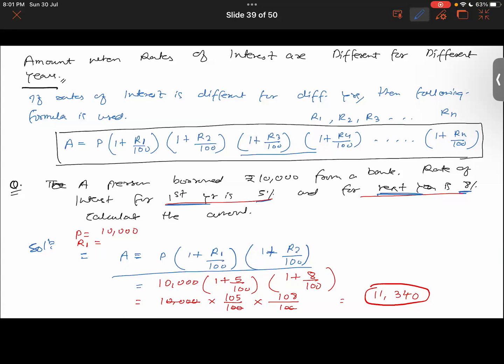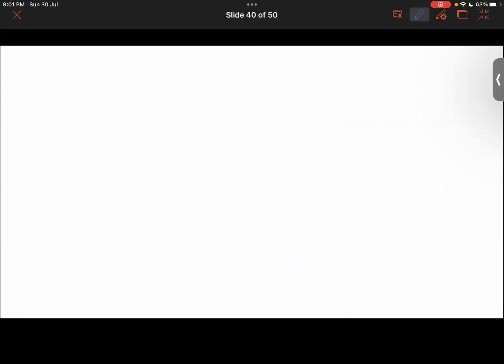But in general, we can say that compound interest is used in situations such as increase or decrease in population. Utility of daily application, let's say. So one is the increase or decrease of population.